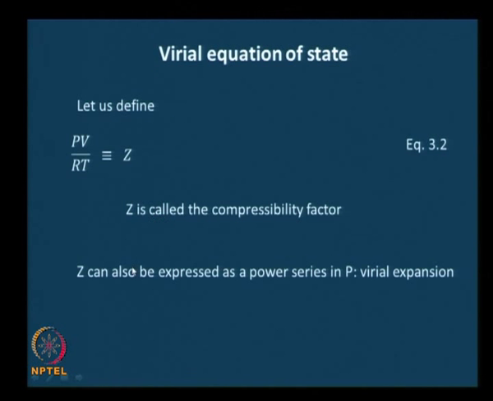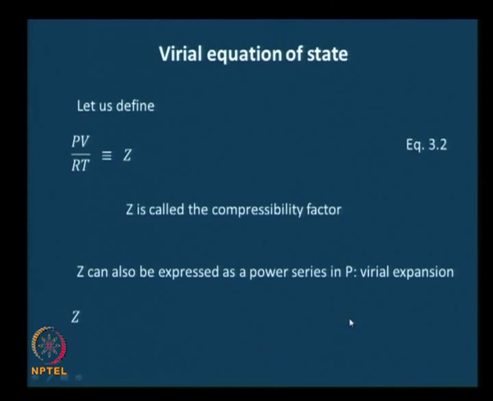The Z can also be expressed as a power series in P. You would have learnt about power series expansions in your mathematics classes, and if it is expressed as a power series, it is called a virial expansion. We will first look at the expansion as a power series in pressure.